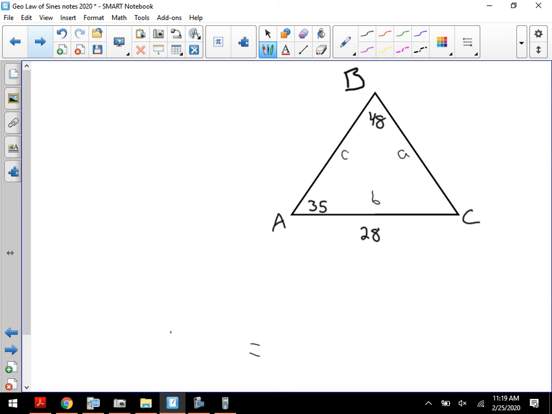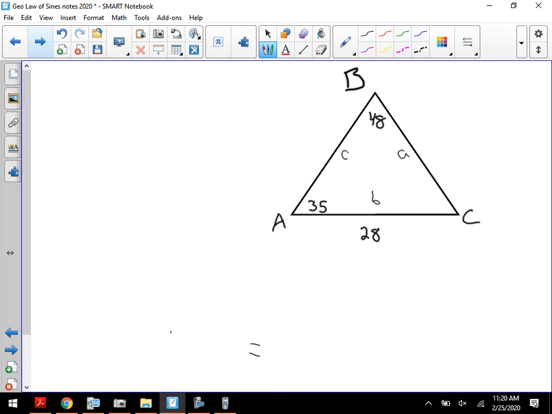Just like before, when we had right triangles, you guys were always given three parts, whether it was two angles and a side or two sides and an angle. You would have to find three other pieces. Well, here again, we've got to find three pieces. If you look at the diagram, we need to find angle C, little a, and little c. So what I like to do is I always make a list.